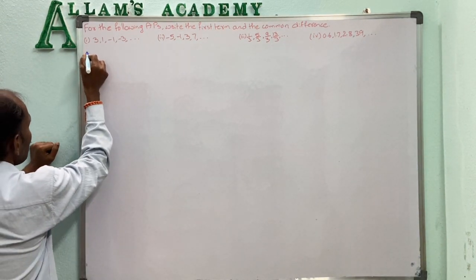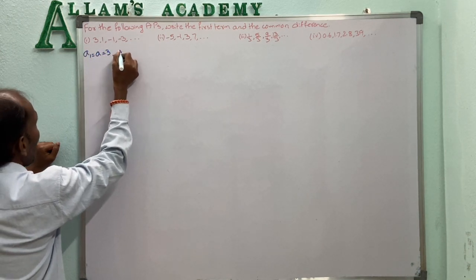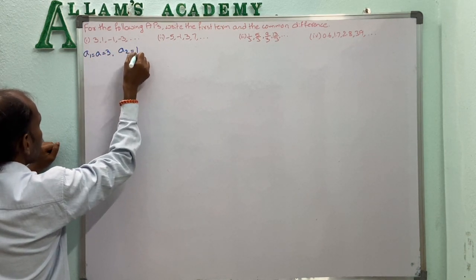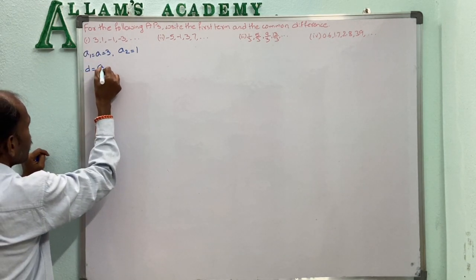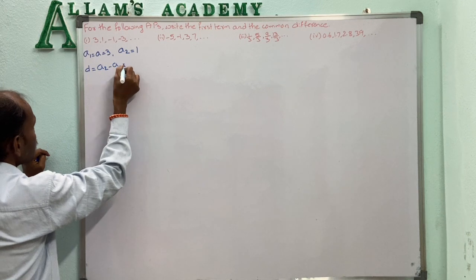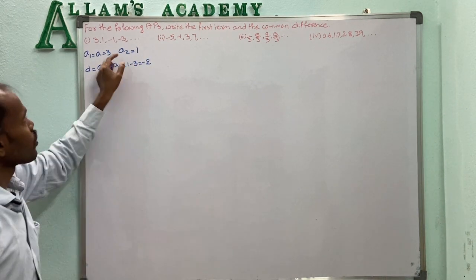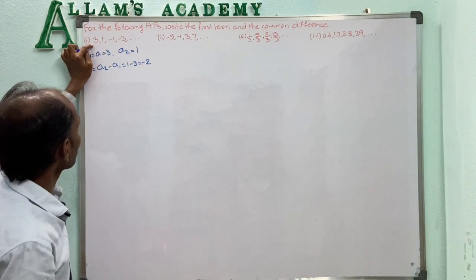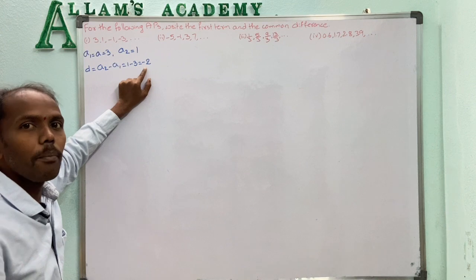In that series the first term A1 is A, which is 3, and the second term A2 equal to 1. Now the common difference D is A2 minus A1, that is 1 minus 3, that is equal to minus 2. So for the first problem, the first term A equal to 3 and the common difference is minus 2.